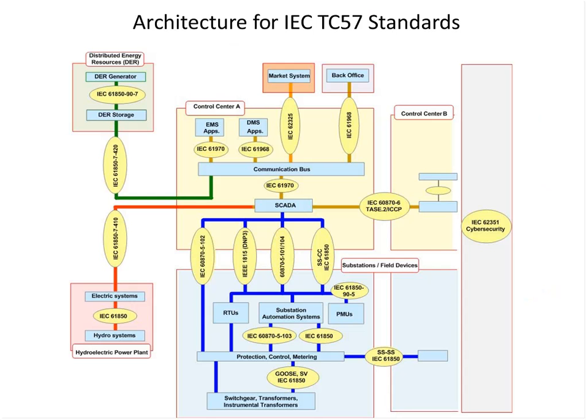And if you spend 10, 15 minutes just looking at this slide, you're going to begin to understand how the various standards are mapped to the various parts of the grid. So there is a lot of logic and rationality behind this, and it's important. This is not the place where I sit and go through each one to show you what the connection is. But you have to first familiarize yourself with a typical grid implementation.